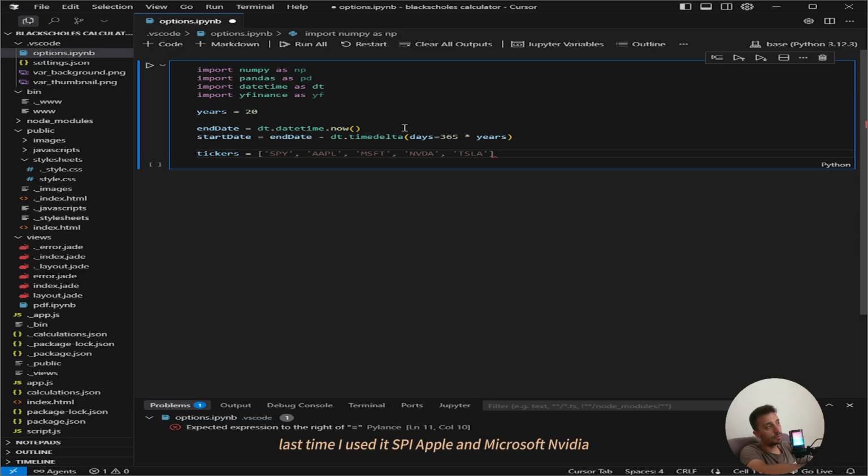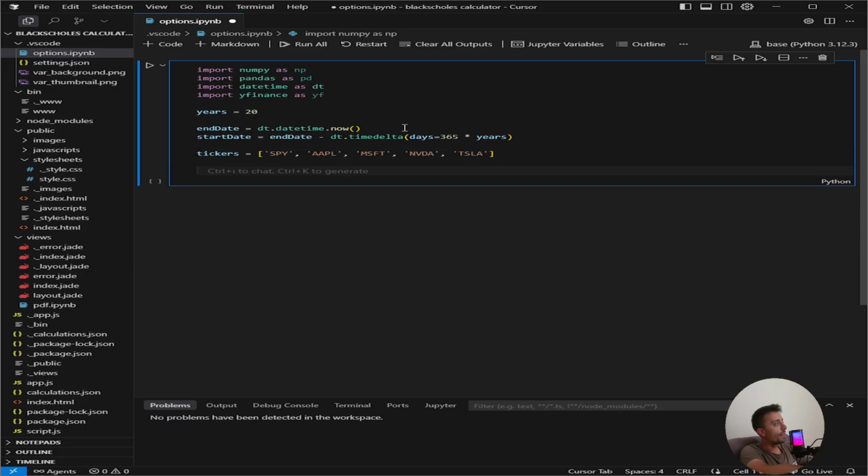Last time I used SPY, Apple, Microsoft, and Nvidia. And adjusted close means we download daily adjusted close price for the tickers.